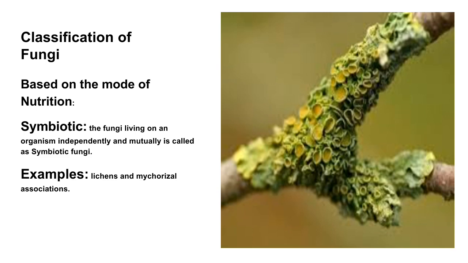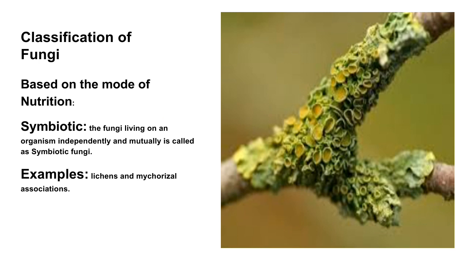Classification of fungi based on the mode of nutrition. Another type is symbiotic. The fungi live on an organism independently and in a mutual relationship with each other. For example, lichen and mycorrhizal association.